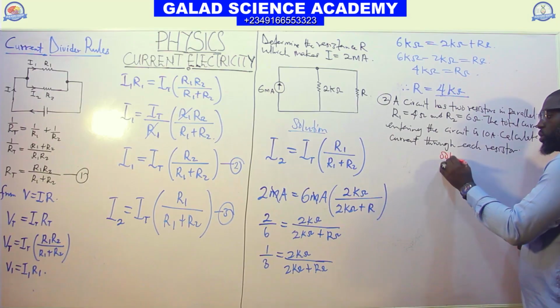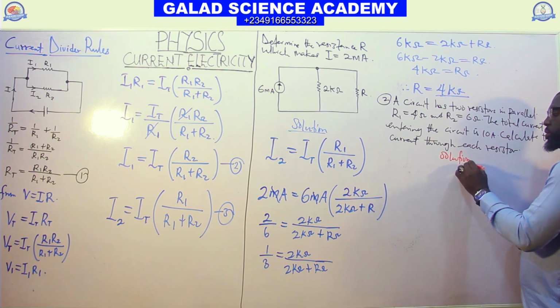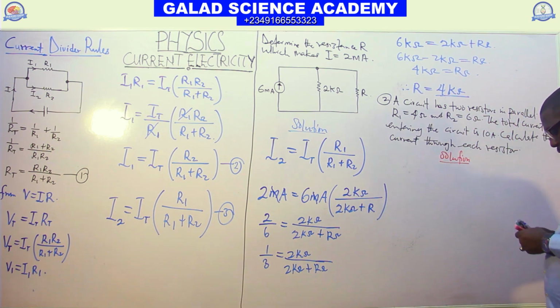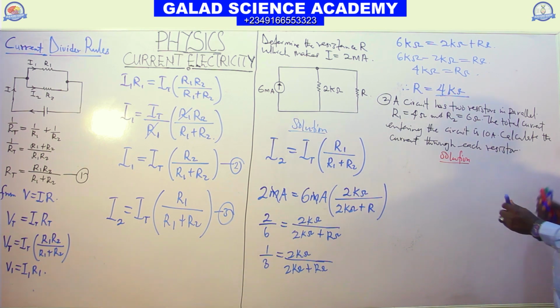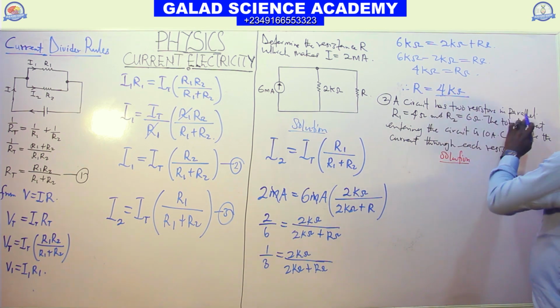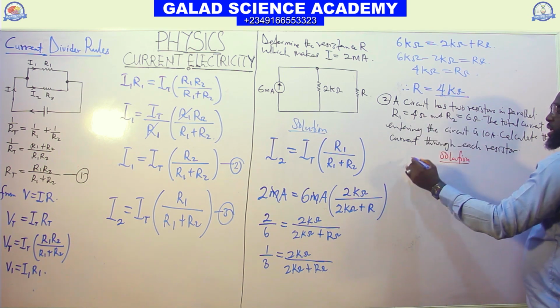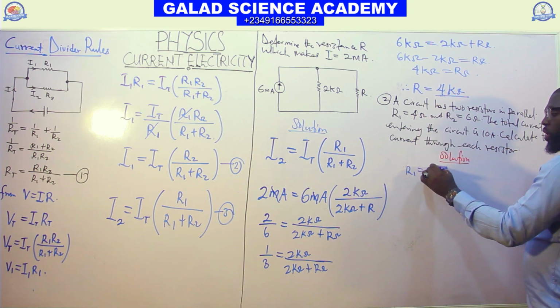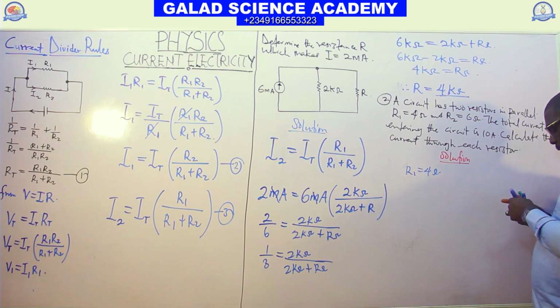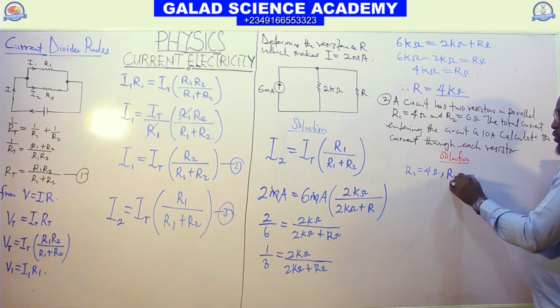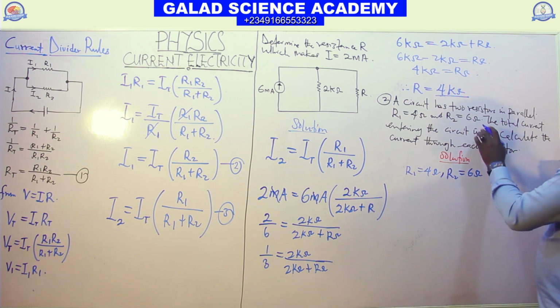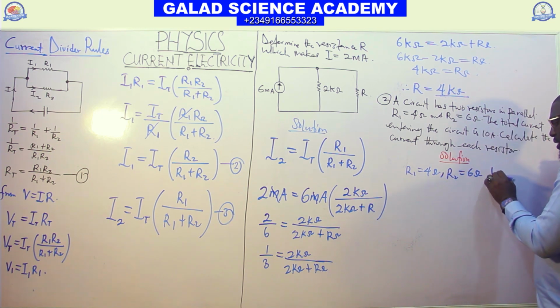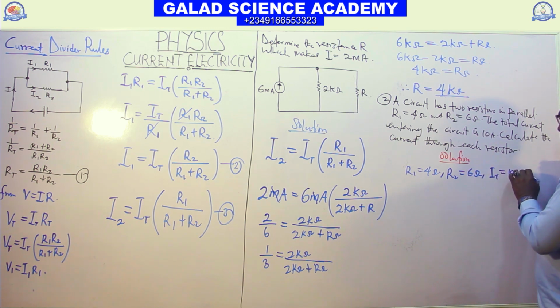So let us solve this question. Question 2, solution. We are given a circuit that has 2 resistors parallel to each other. Our R1 is 4 ohms, R2 is 6 ohms. The total current is 10 ampere.